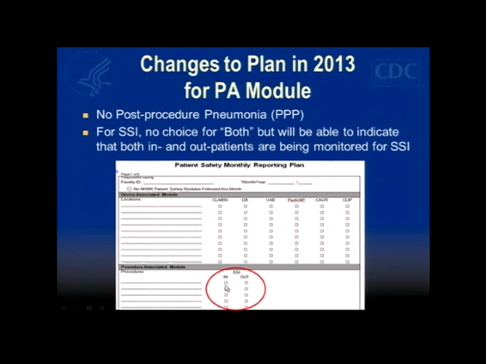But in the future, beginning in 2013, you'll just be checking a box for in or out, or both. If you check both in and out, that will mean both behind the scenes. So you can still do both of them. We just don't have you circle both anymore. Okay? So just some minor change there to the plan.